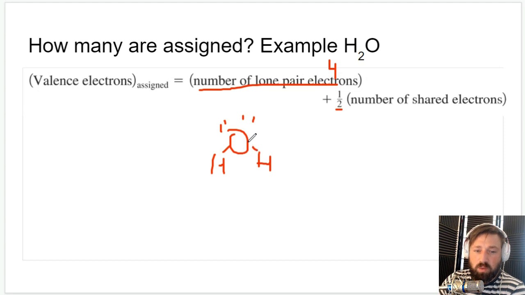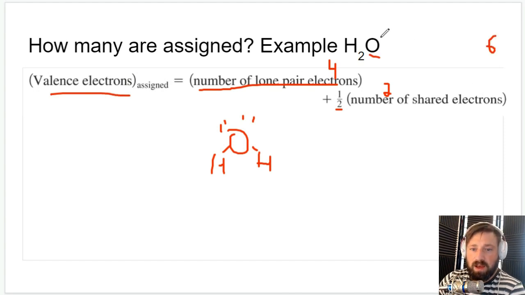Each bond, remember, has 2, so half the number of that is going to be 1. So 1 electron from here and 1 electron from here.